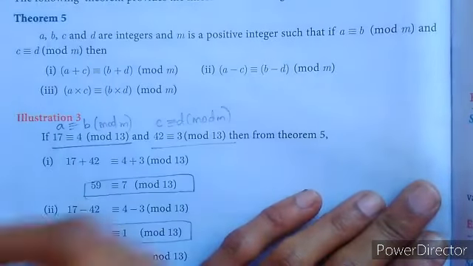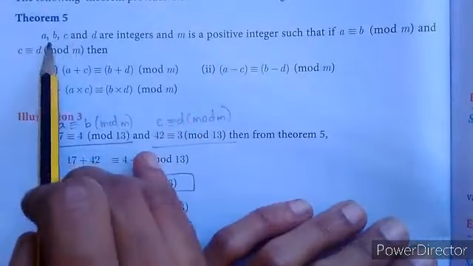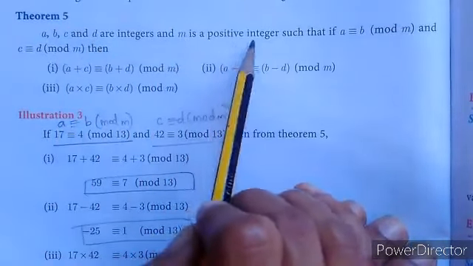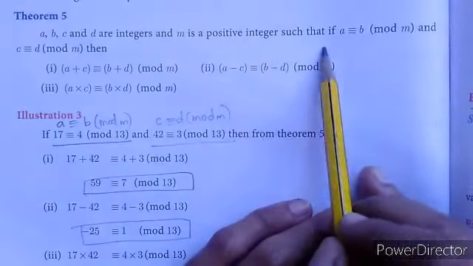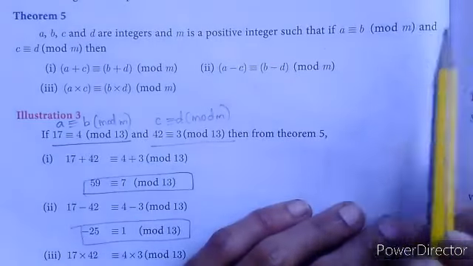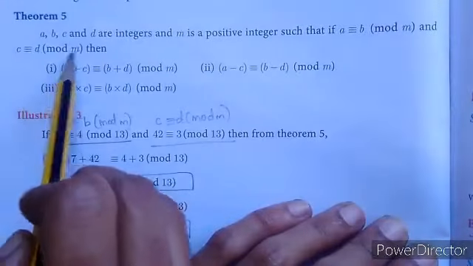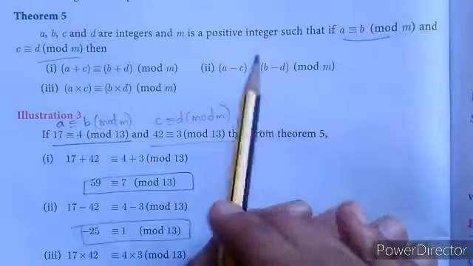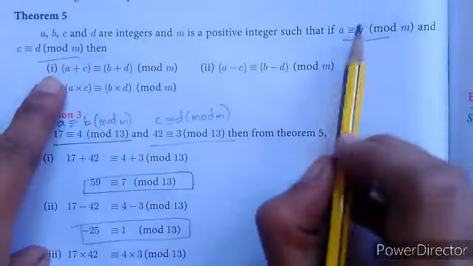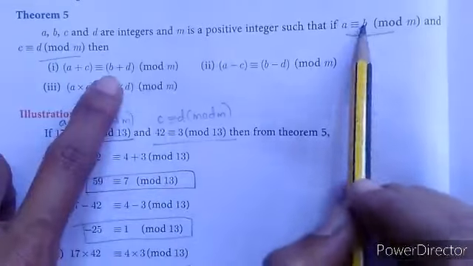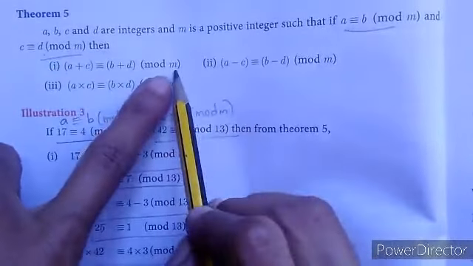Now let's see a theorem. Theorem number 5. a, b, c and d are integers and m is a positive integer such that if a congruent to b mod m and c congruent to d mod m, then we can write the first one, a plus c congruent to b plus d mod m.